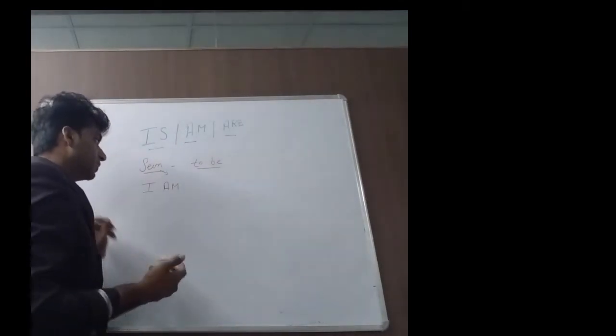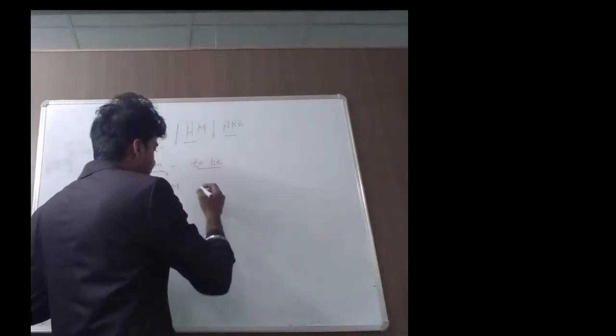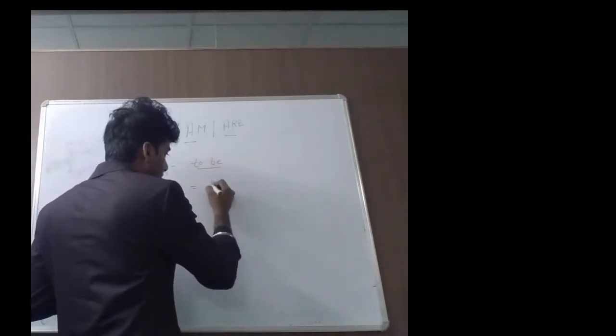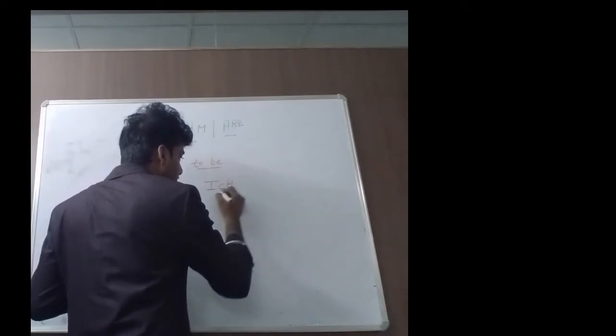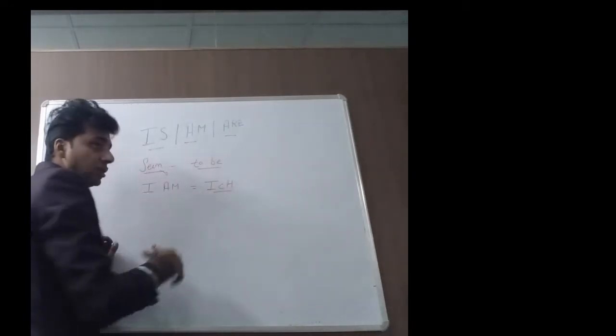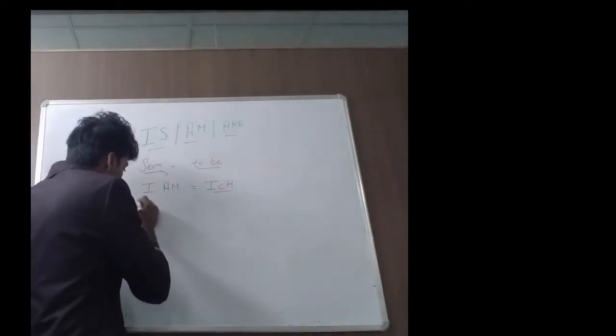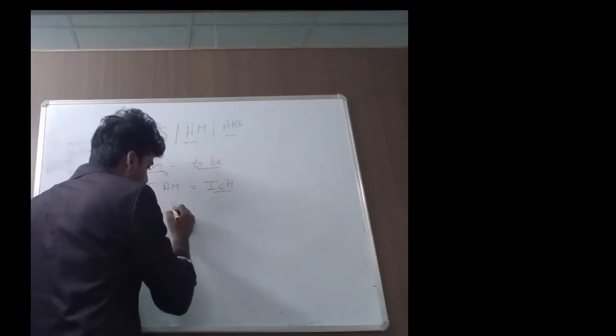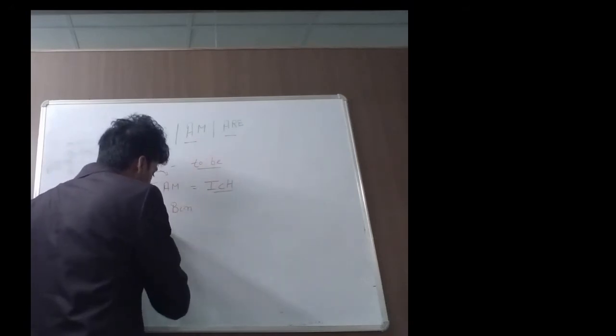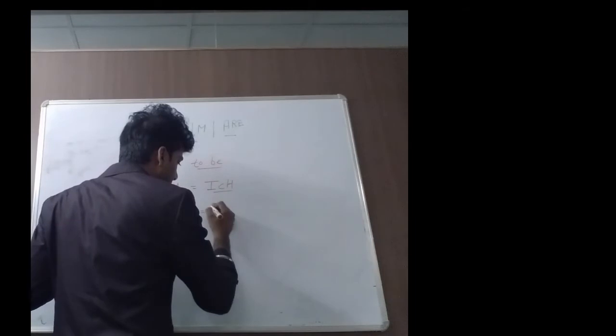For example, sein is, am, are. I am. So if I'm applying I am, it will become ich. Ich is I basically. So you have to understand the subject as well. Okay. Ich is I. Am is bin. Ich bin, I am.